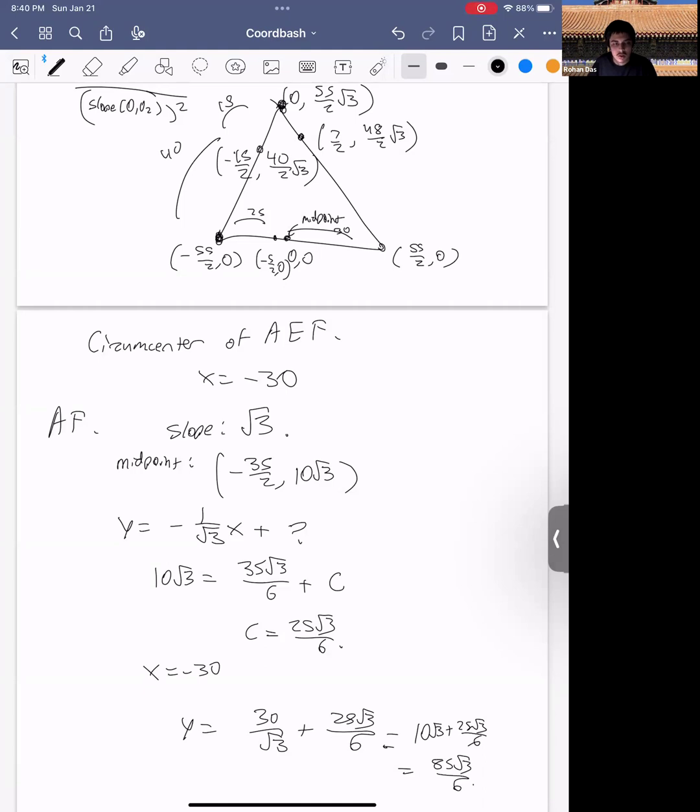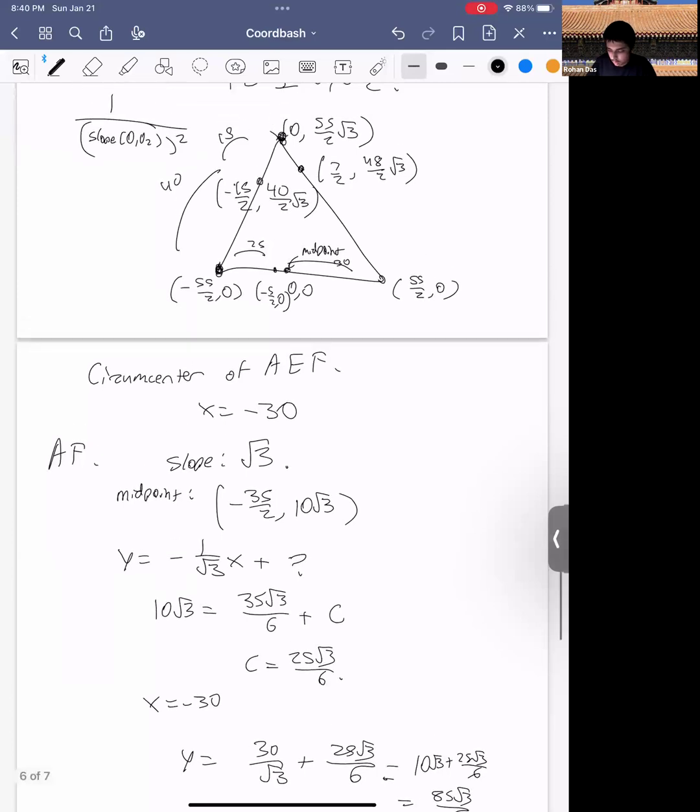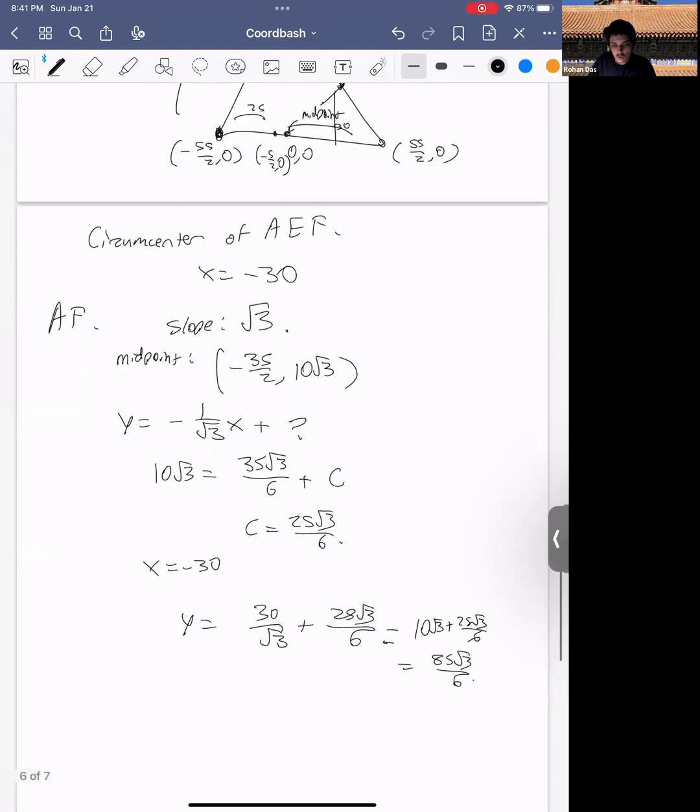We don't have too much time, and the other calculation for CED is essentially the same thing, so I'm not going to do it now. But basically, you find the midpoint of line CD, find the slope of it, take its perpendicular bisector, and intersect it with the line x equals 25.